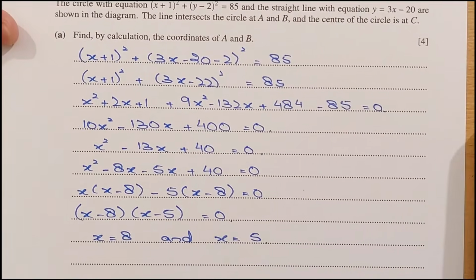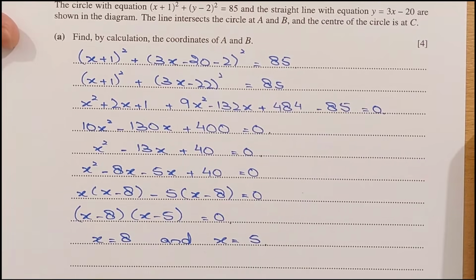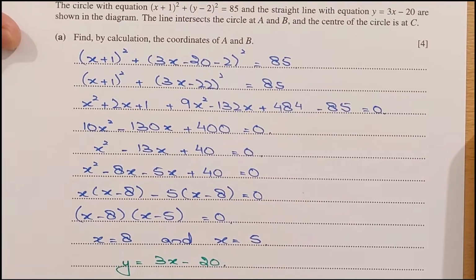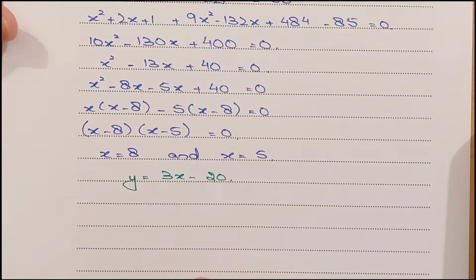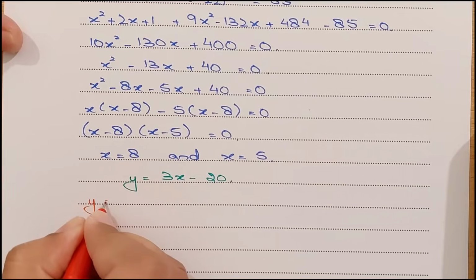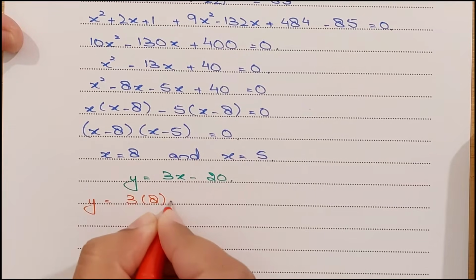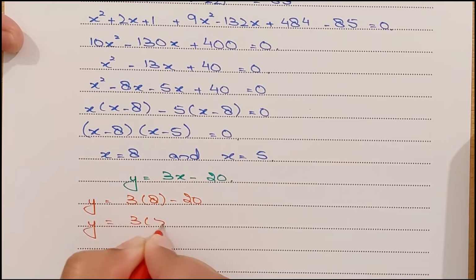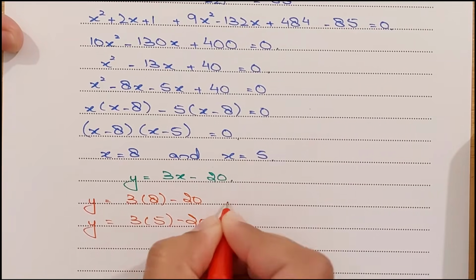Now let me find the corresponding y values. So for y, we have equation y is equals to 3x minus 20, right? So when x is 8, we have y is equals to 3 times of 8 minus 20, and the other is y is equals to 3 times 5 minus 20.